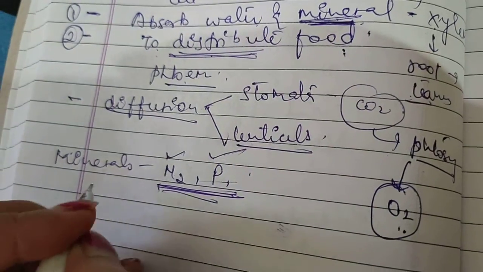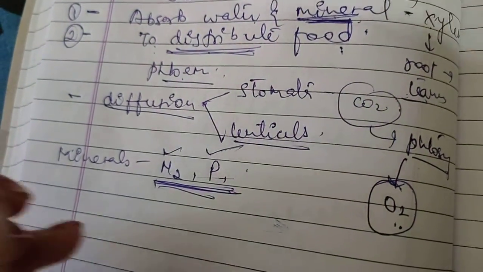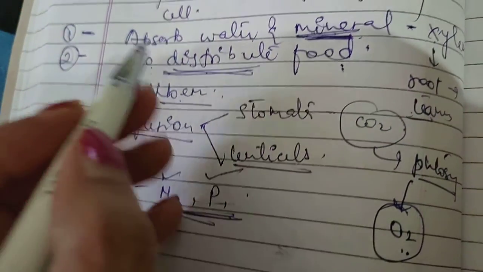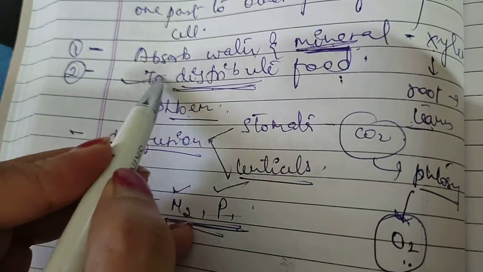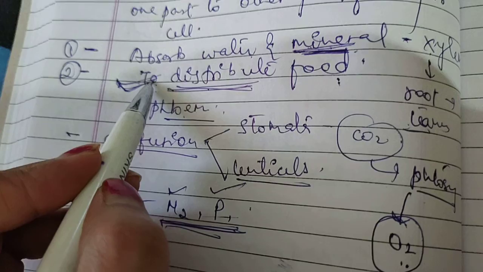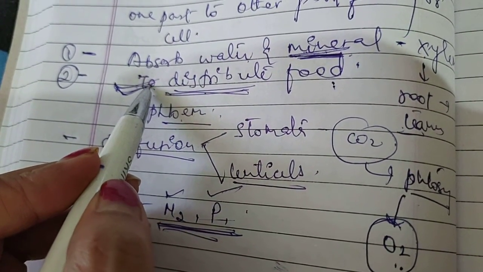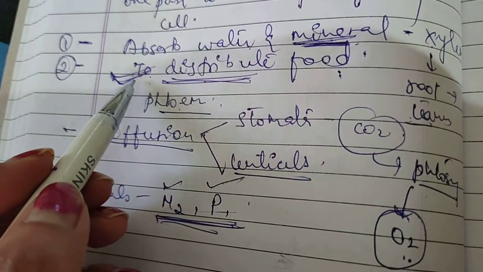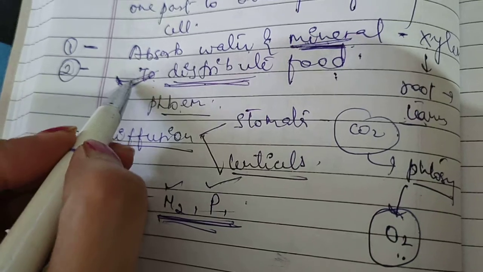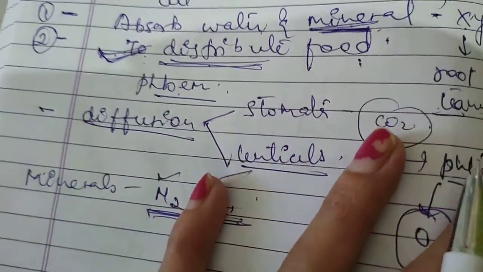The manufactured food is passed to all parts for utilization and storage. As I told you, in photosynthesis food is formed, so it should get distributed for utilization as well as for storage. The tissue known as phloem is responsible for this.